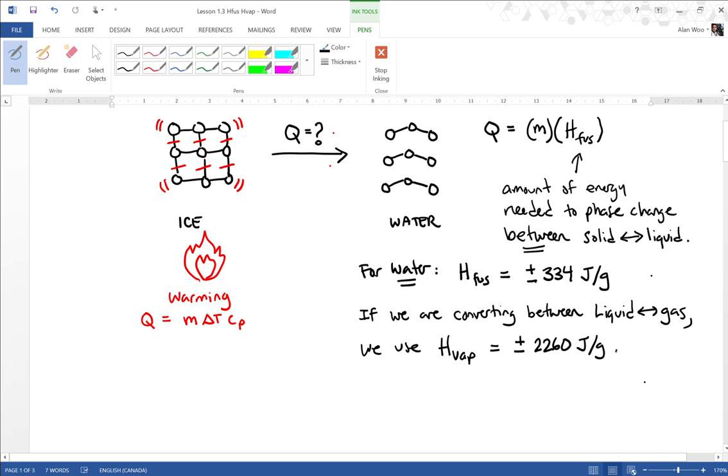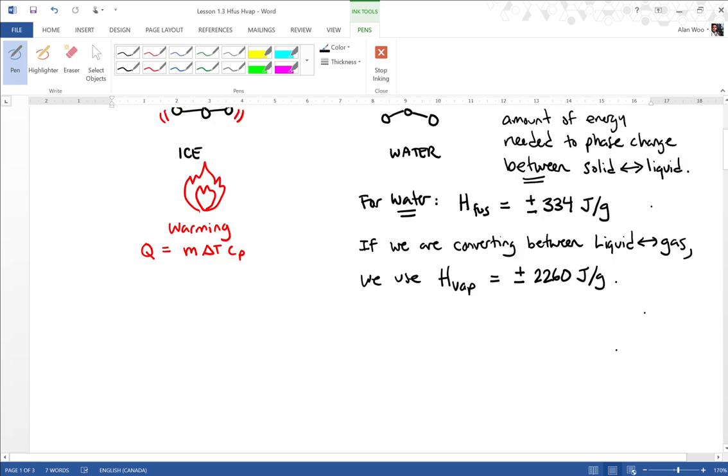So why is it plus and minus? To go from solid to liquid, that process absorbs heat. So heat has to be absorbed. You have to add heat in order to melt ice into water.